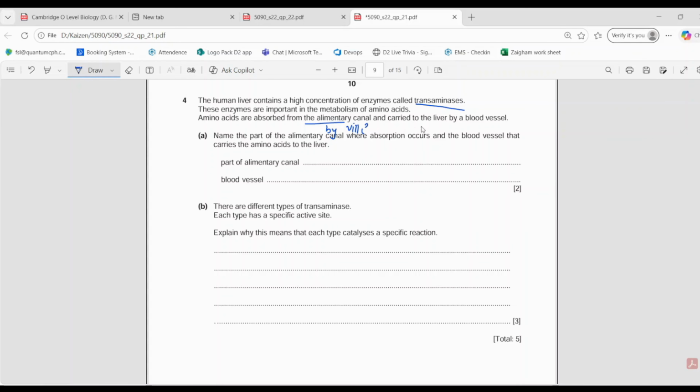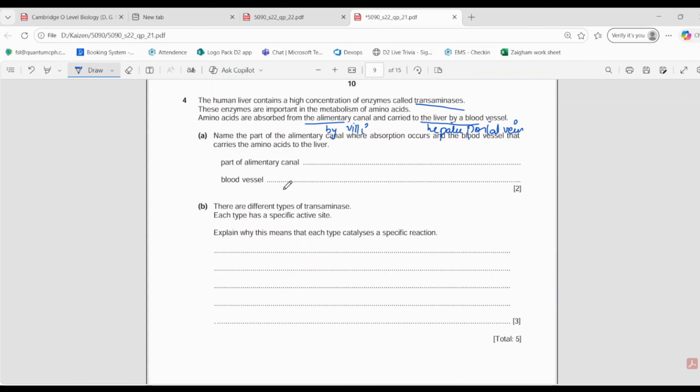And villi, and carried to the liver by which blood vessel? Correct. Okay. Name the part of the alimentary canal, we have already given: the small intestine, and the blood vessel is the hepatic portal vein.